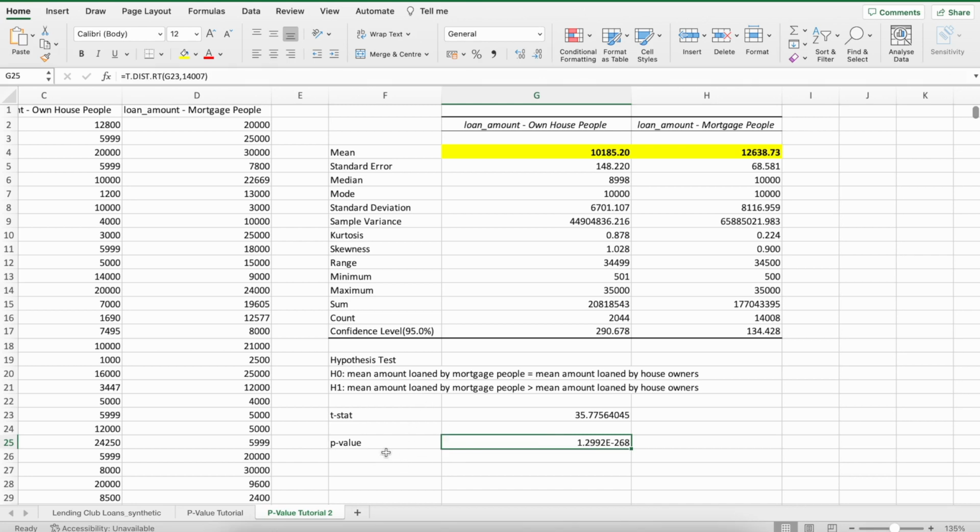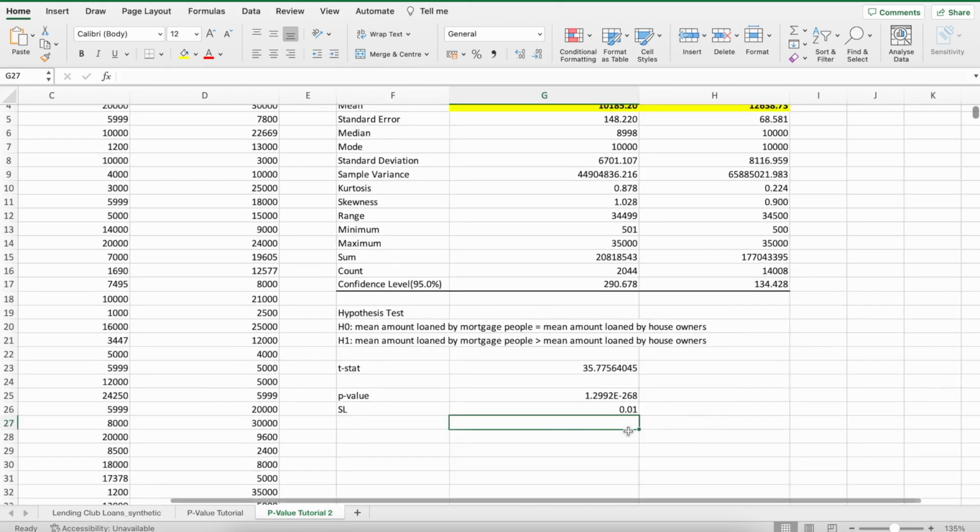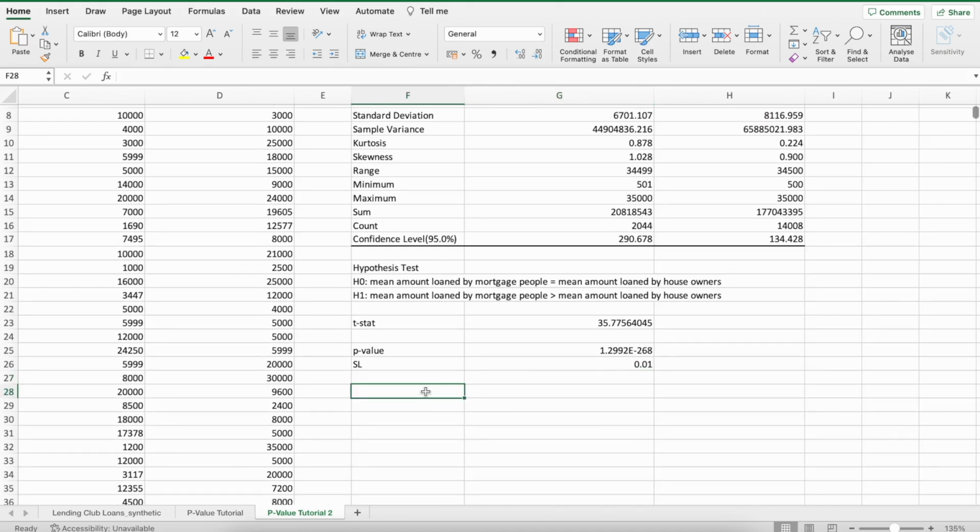And because our significance level is the 1% significance level and this is so small, we can suggest that there is enough evidence to reject the null hypothesis and to suggest that H1 is correct, right? So this is a very, very small number. You can already tell because it's 1.2992 e to the power of negative 268. I don't want to even count how many zeros there are.